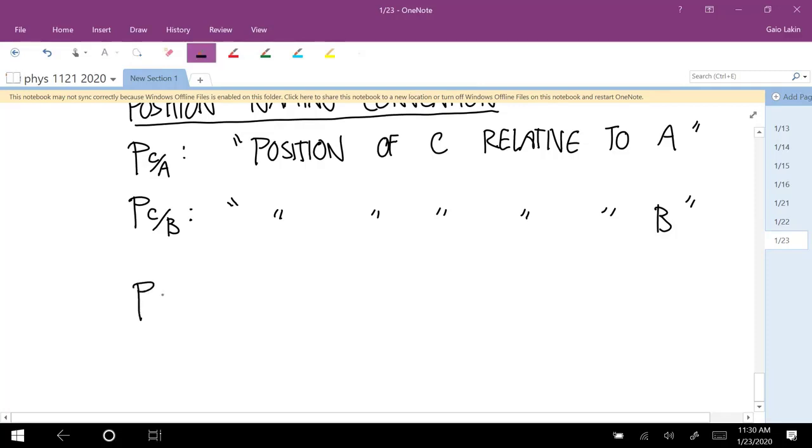The position of C relative to A is equal to the position of C relative to B plus the position of B relative to A.